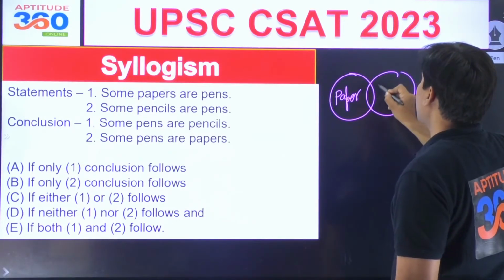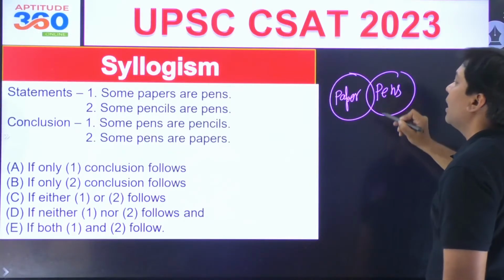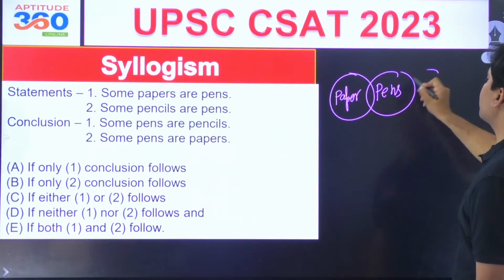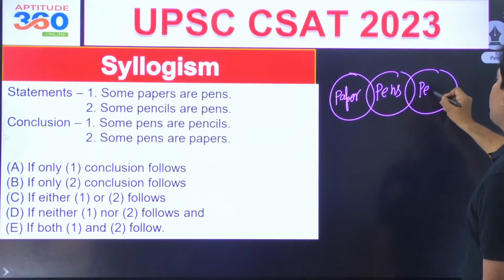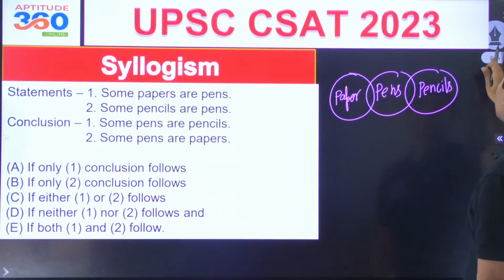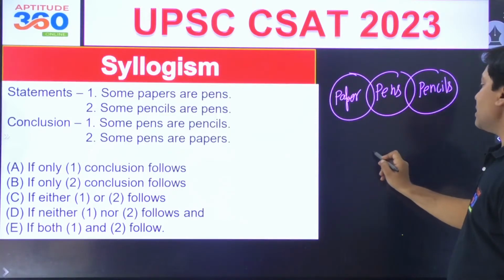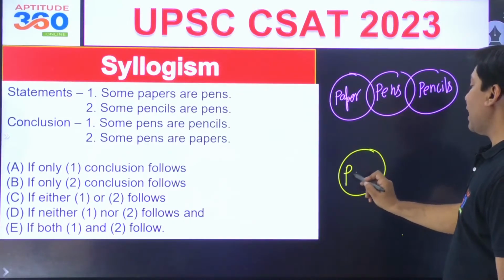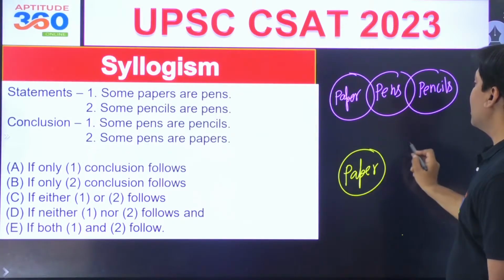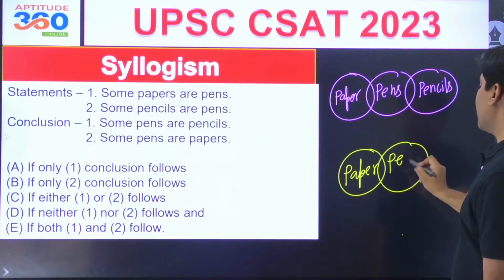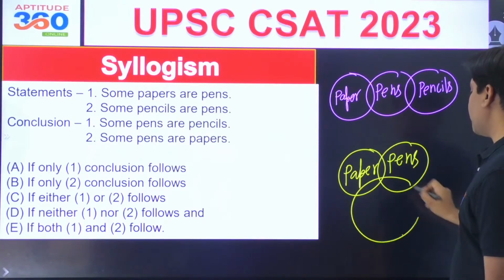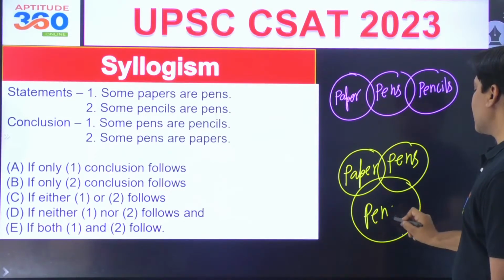Some pencils are pens. That is one diagram. What can be the second diagram? Because the question does not say anything about paper and pencil. What is it that I'm going to do? I will have this as paper and then pens, and then over here pencil.